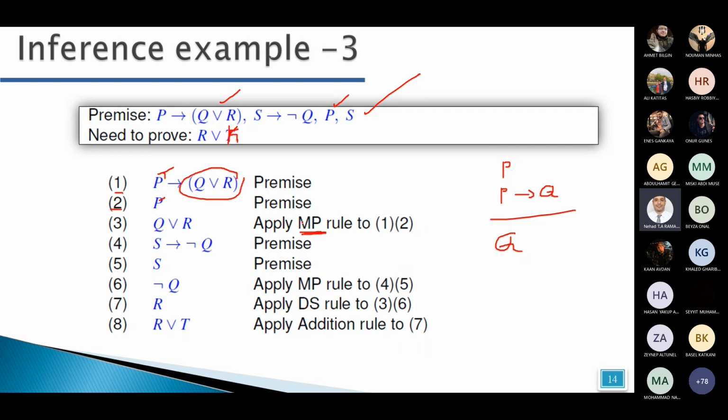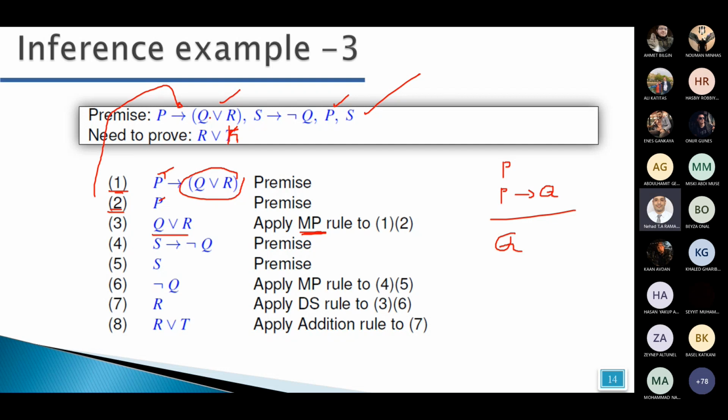So applying MP to statement 1 and statement 2, which are given to you here, we can get what? Q or R. Okay, we now have Q or R alone.